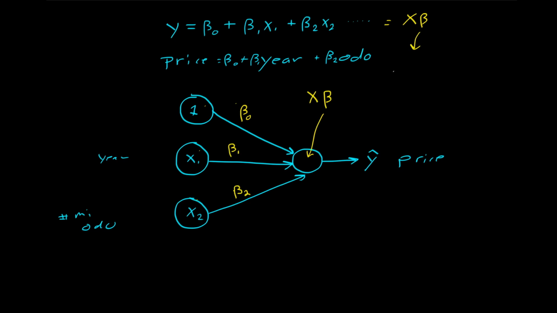Linear regression is kind of nice because for our estimate of the best coefficients to use, we actually have an analytical equation, and it's x transpose x inverse x transpose y, where y is the column vector of our actual outputs, like the actual prices that corresponded to each car in our training set.